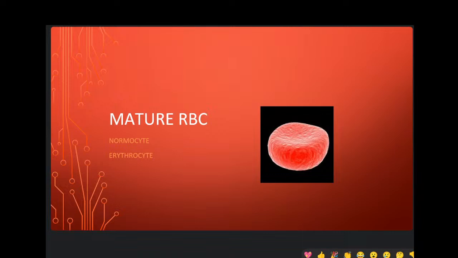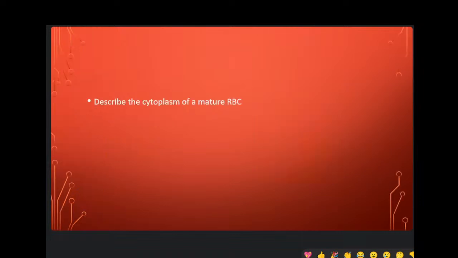Okay. Next slide tayo. Describe the cytoplasm of a mature RBC. How do we describe it? Well, it's reddish pinkish. There's a reddish pinkish staining in the periphery, and there's a central pallor. The central pallor is normally one third of the cell size.